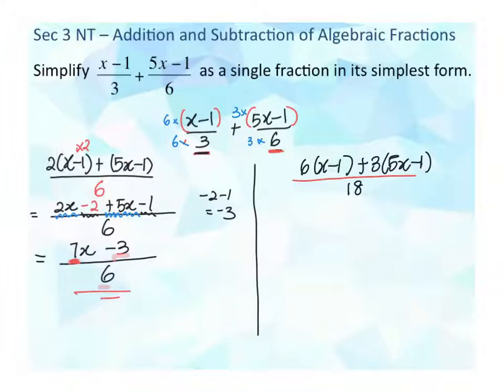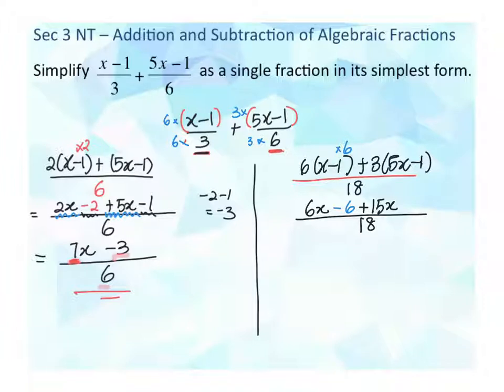Now let us expand our numerator. This is 18. 6 times x, 6x. Please remember the one at the back also need to be multiplied. Okay, so you will get negative 6. 3 times 5, 15x.